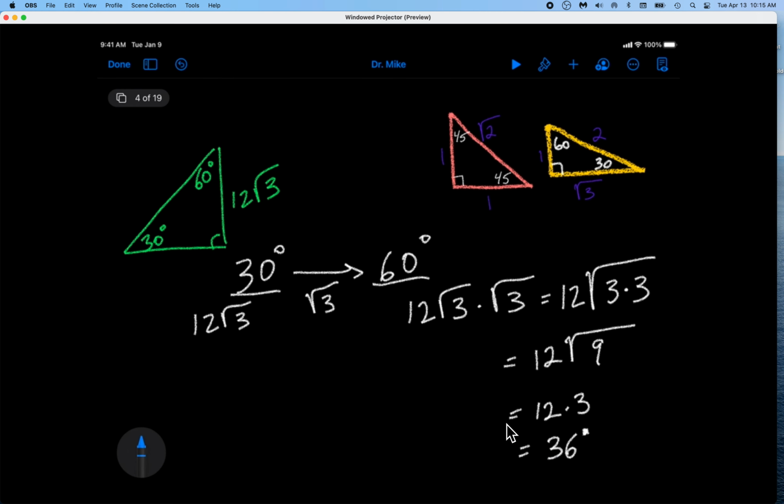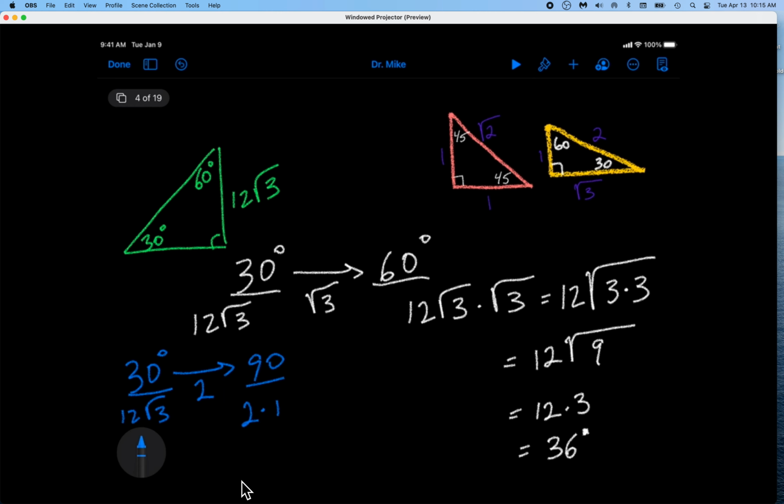Now, how do we go from 30 to 90? Again, we have that side opposite the square root of 3. The conversion factor, whenever you're dealing with the side opposite the 90 degree, is going to be 2 in a 30, 60, 90 triangle. I'm going to put that conversion factor there. When I move from the side opposite the 30 to the side opposite the 90, I'm going to get bigger.